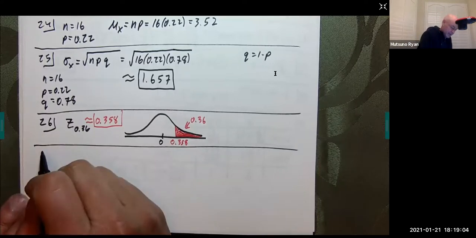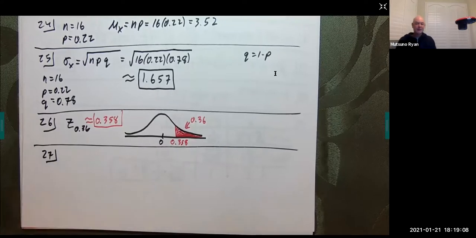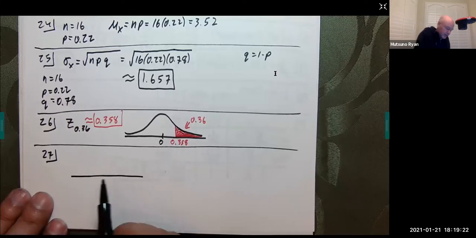All right, so 27. Assume that adults have IQ scores that are normally distributed with a mean of 100, standard deviation of 15. Find the probability that a randomly selected adult has an IQ between 90 and 120. So I'll go here.